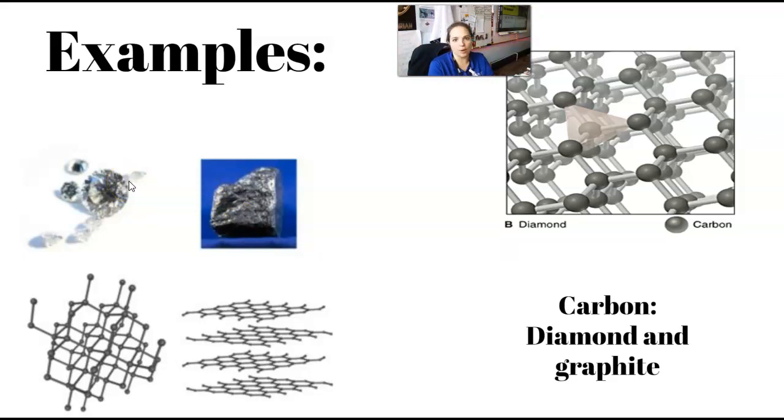Oh, I love carbon. Carbon's everywhere. But again, you can see that they're both made up of carbon. It's all carbon, but because it's a network solid, the way it's put together, I believe it's called a graphene shape. It becomes a network solid.